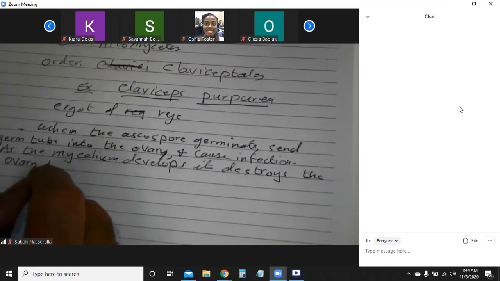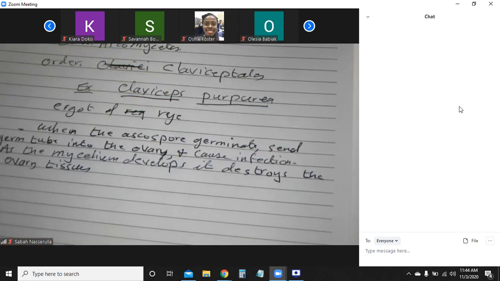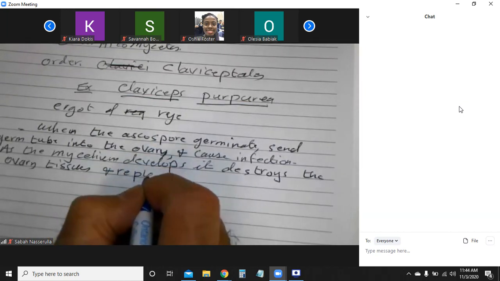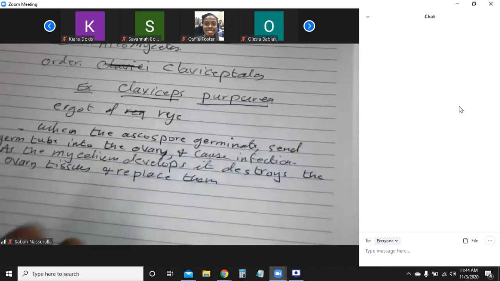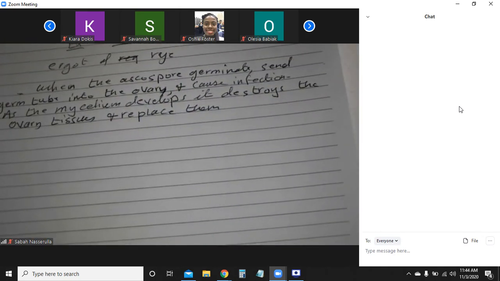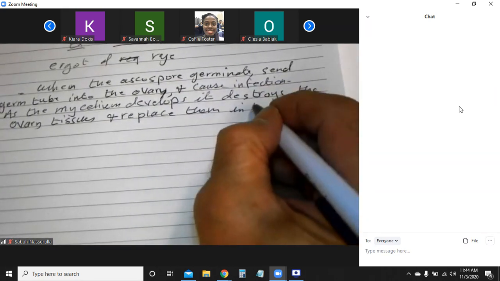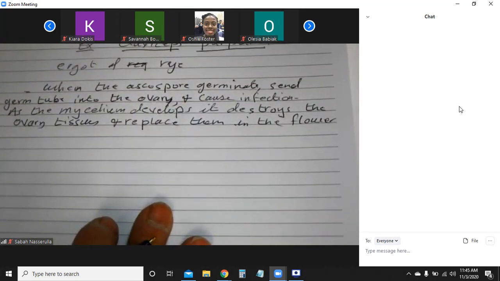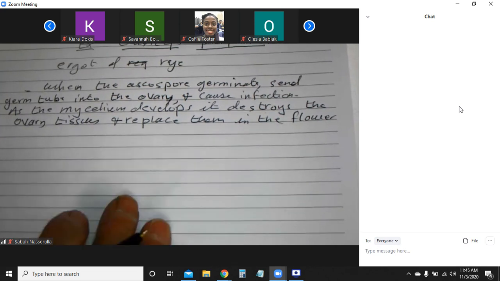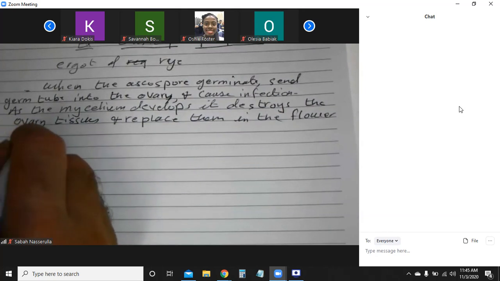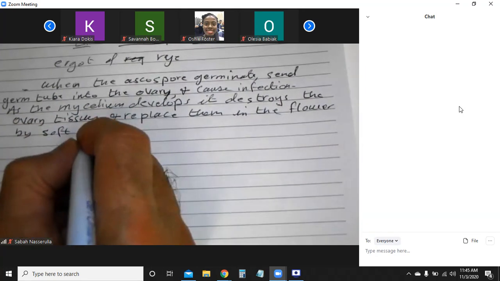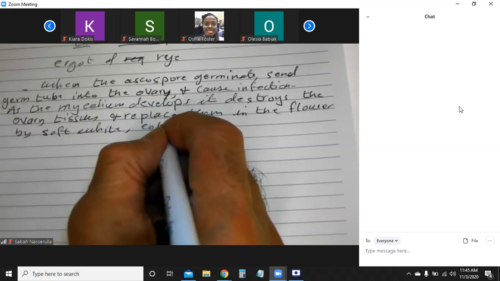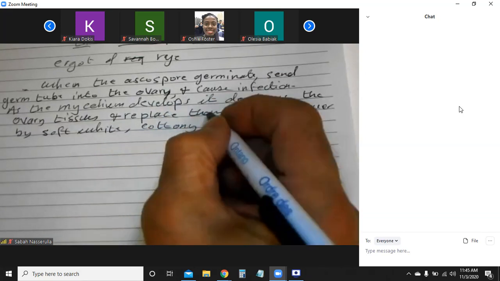The ovary tissue or tissues here, and replace them in the flower, place them in the flower, by a soft, white, cottony mycelial mat.